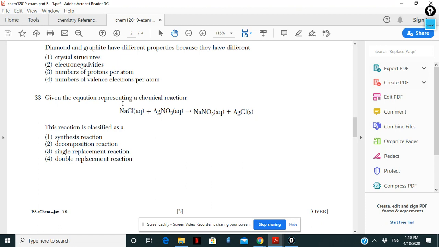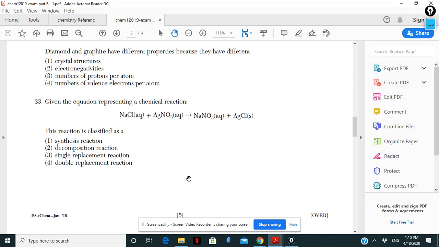What does it mean? The sodium switches places with the silver, and the silver switches places with the sodium. So this is a double replacement reaction, because sodium and silver switch their places, or you can see it as the anions, nitrate and chloride, switching their places. So the answer is 4.